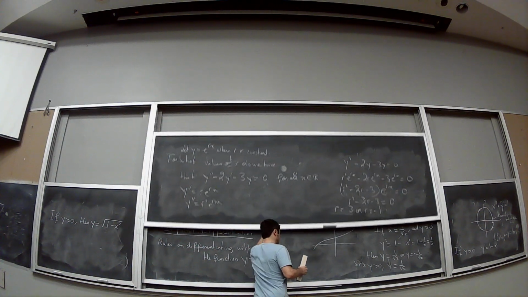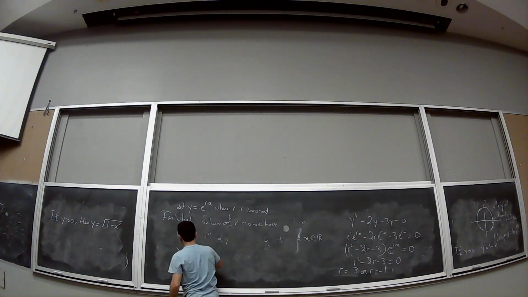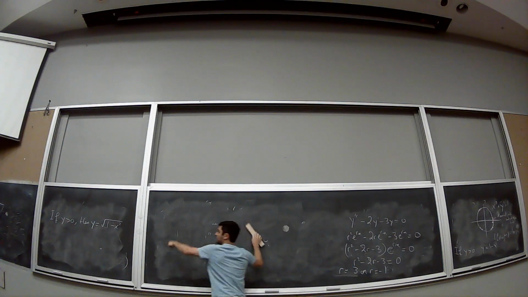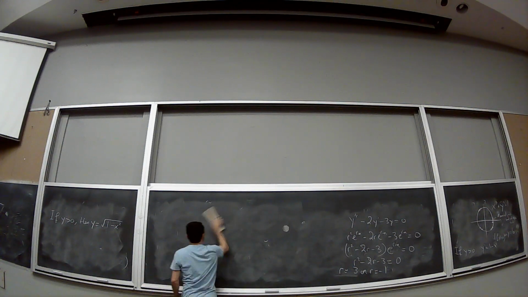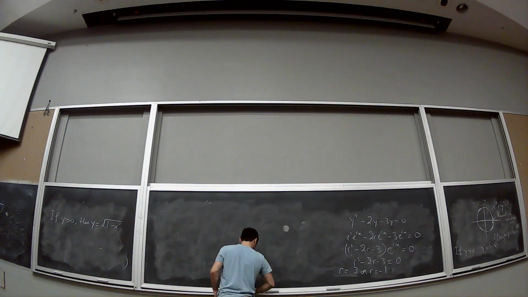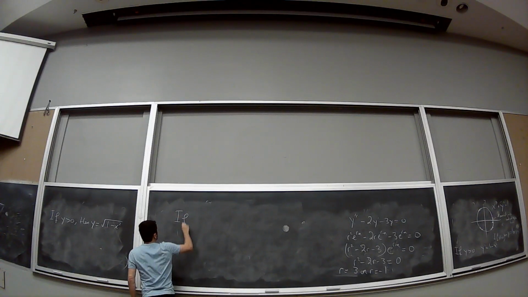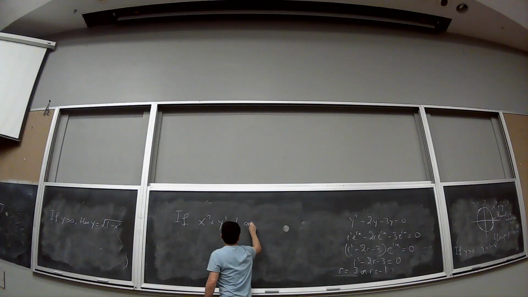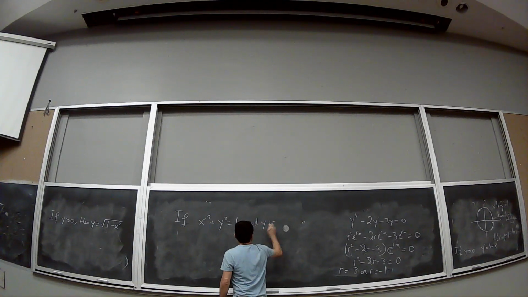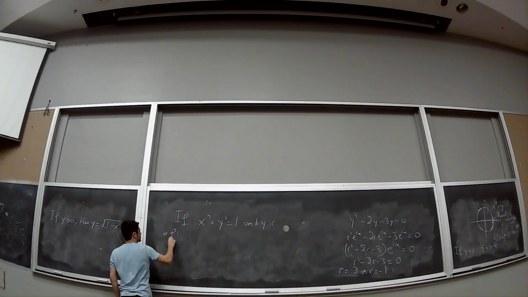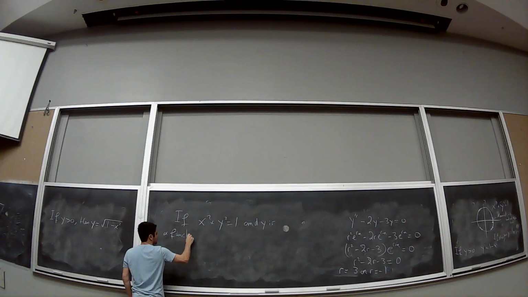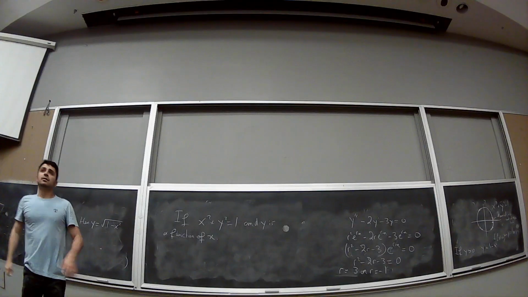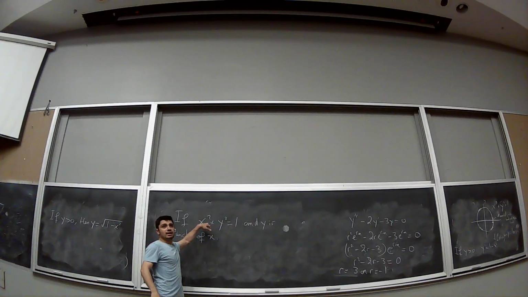Let's keep this one here. If x squared plus y squared is equal to 1, and y is a function of x, then this whole thing is a function of x as well, right?